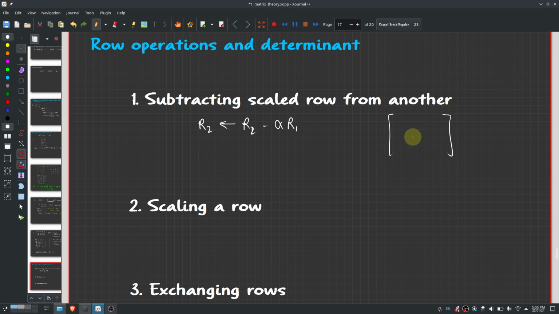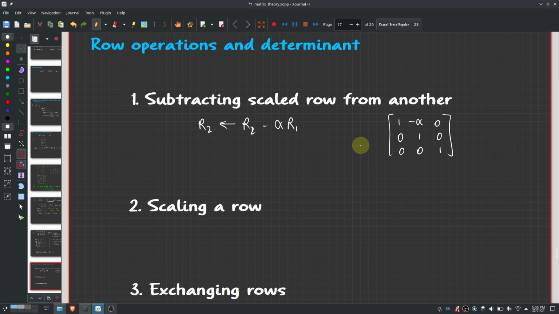You can take a simple 3 by 3 case if you want. The matrix has minus alpha, 0, 0, 1, 0, 0, 0, 1. Correct?